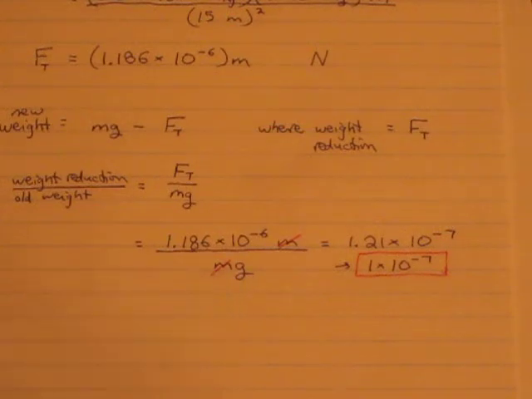The masses cancel out, and we get 1 times 10 to the negative 7. That is unitless because it's just a fraction. I've taken it just to one significant figure because the mass of the water tank is given to one significant figure.